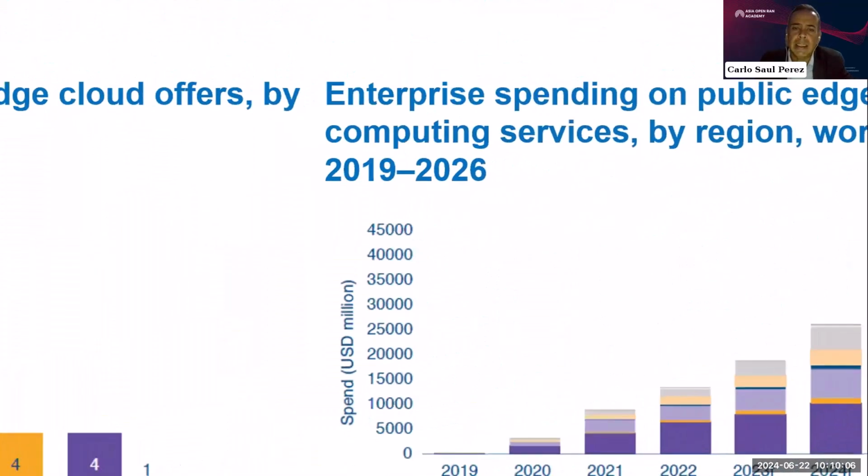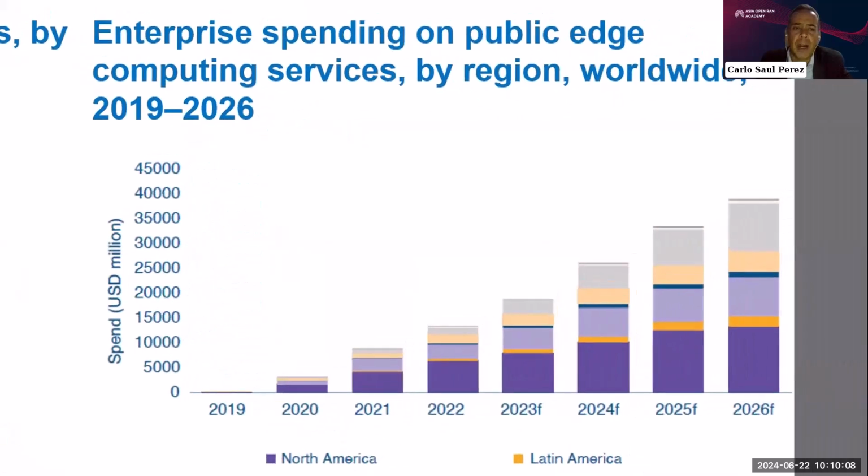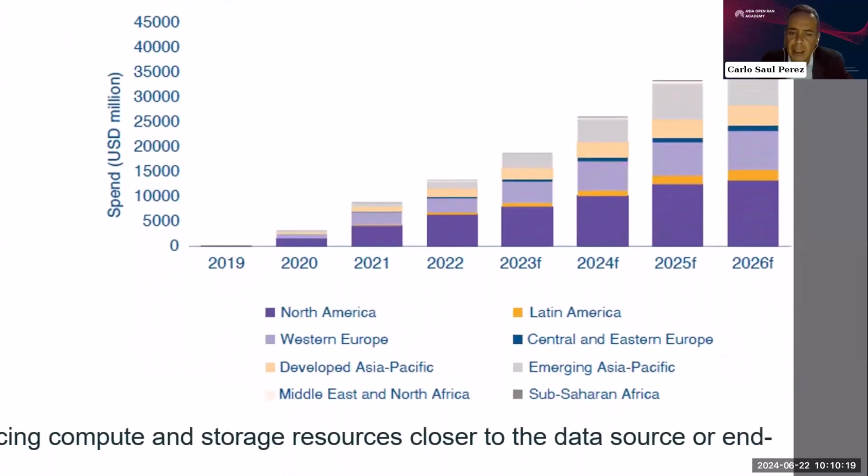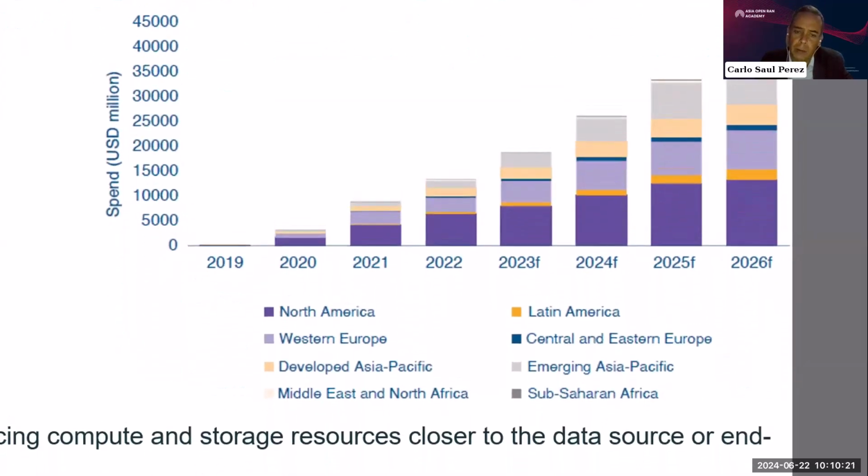And this one shows how enterprises expect to spend on public edge computing services by region worldwide between 2019 and 2026, in North America, Asia, and all the other areas. So this is the money they expect to spend on edge computing.